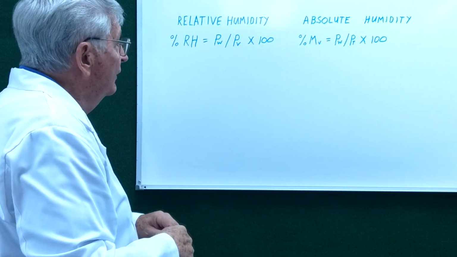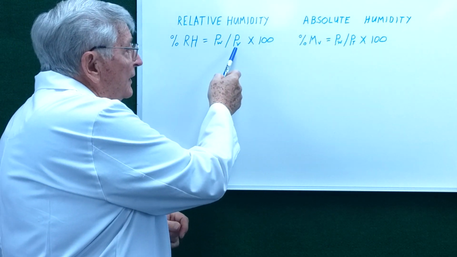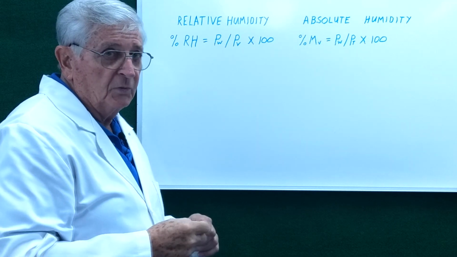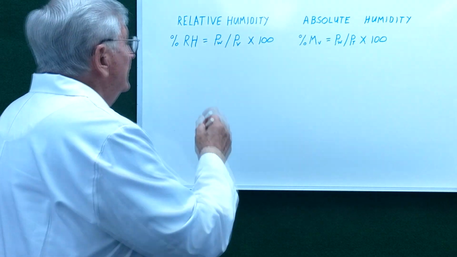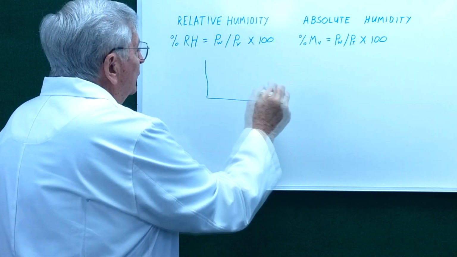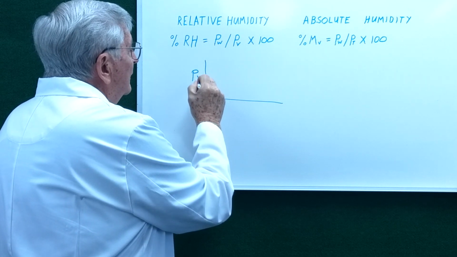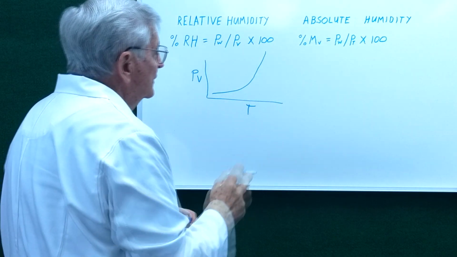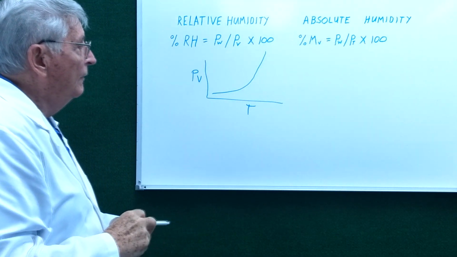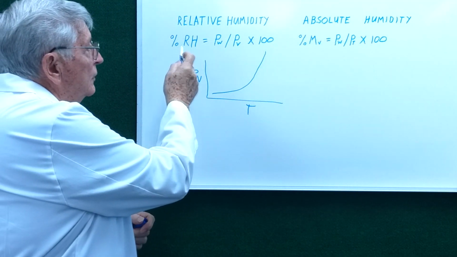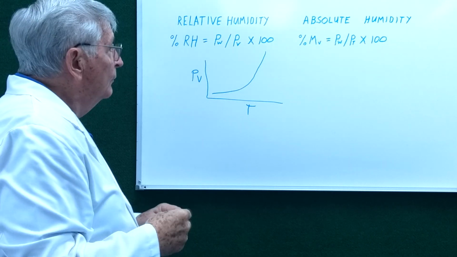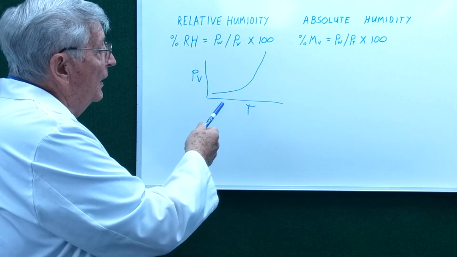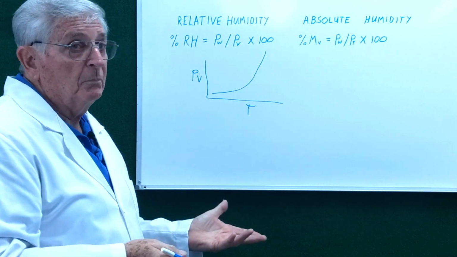Now, an interesting thing to note is the vapor pressure of water is a function of temperature. And if we plot that, it looks something like this. So to come up with the percent relative humidity this way, you have to know the temperature.